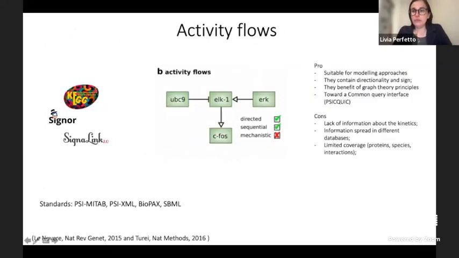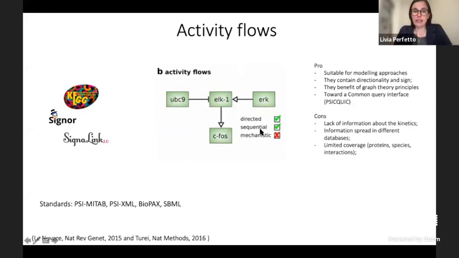Then here we have activity flow, or causal interaction, or logic interaction. They are all synonyms. Again, here we have a graph representation of biological events where we also have the directionality and the sign.